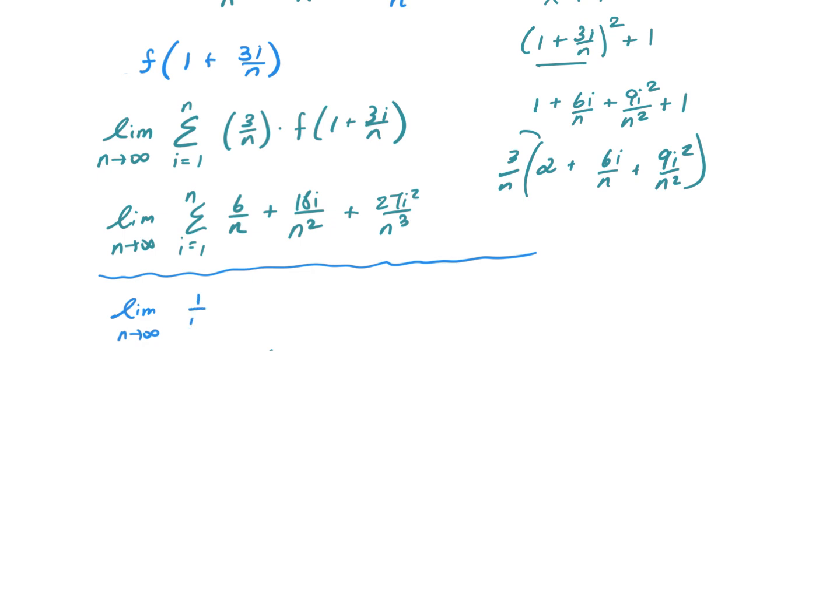I'm going to take out the n, and we get the sum from I equals 1 to n of 6. Then I'm going to take out the n squared, and we get 18I. And then we could take out the n cubed, like that. We get 27I squared.